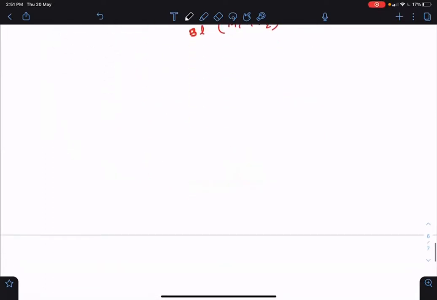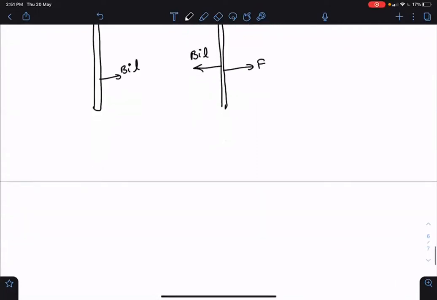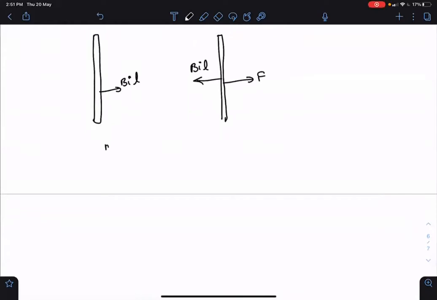In that case, what you will do is something similar to what we did previously. So there is this external force. There is BIL. So you have to write the mass into acceleration equation for both.